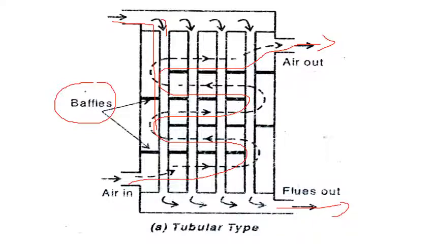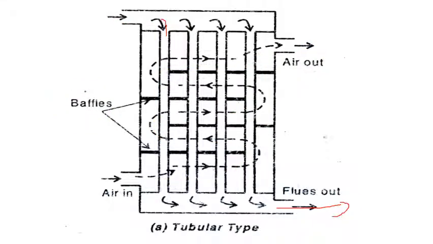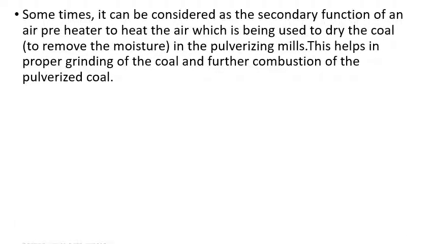So we have to check during annual shutdown whether there is any damage to the baffle, or overheating at a particular place. Sometimes it can be considered a secondary function of the air preheater to heat the air which is used to dry the coal.